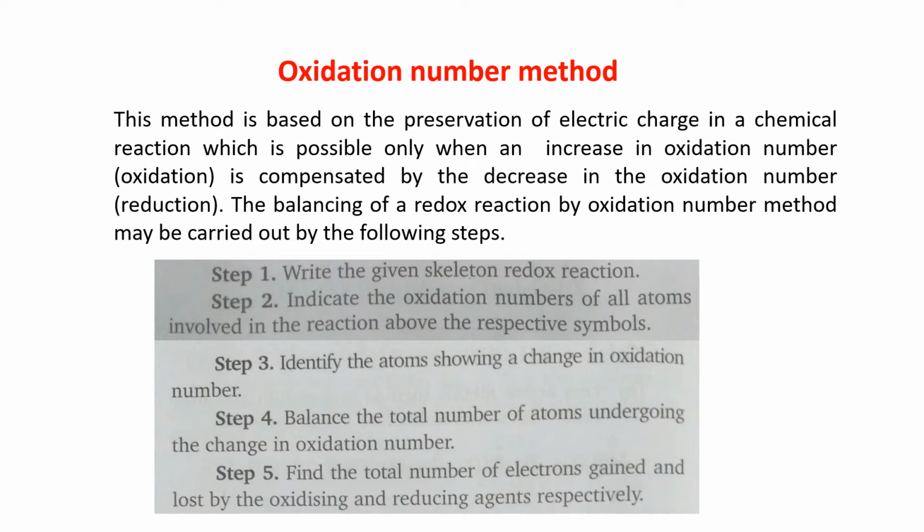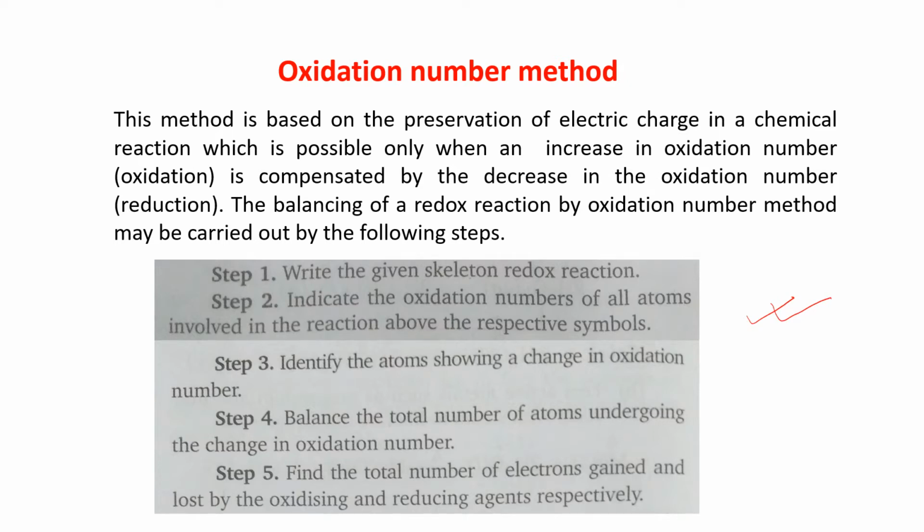This I already discussed with you. Increase in oxidation number is referred to as oxidation and decrease in oxidation number is reduction. The balancing of a redox reaction by oxidation number method may be carried out by following steps. These steps you have to remember.